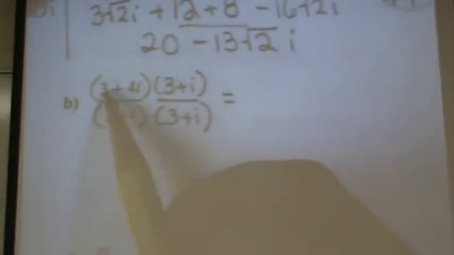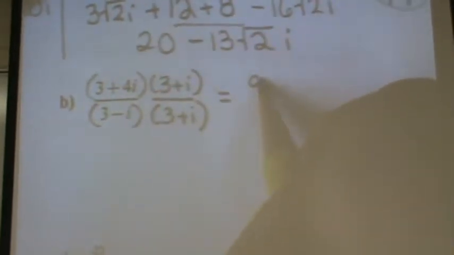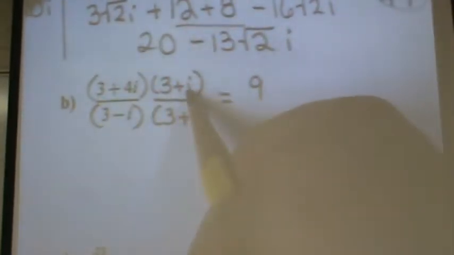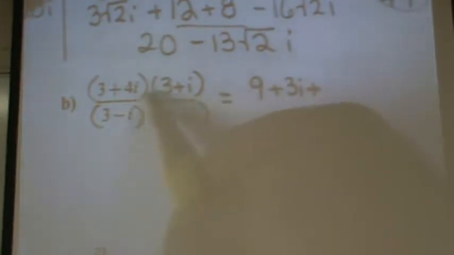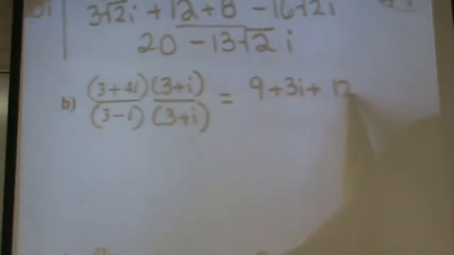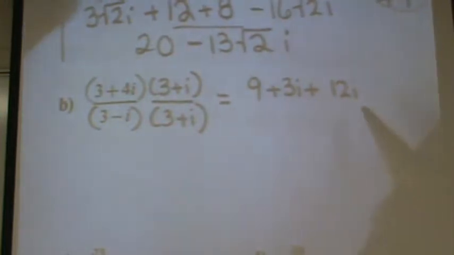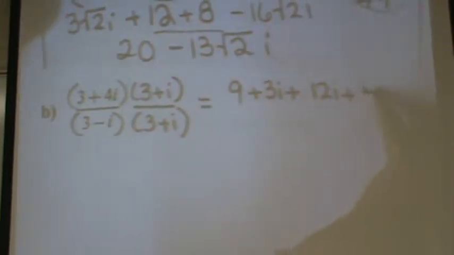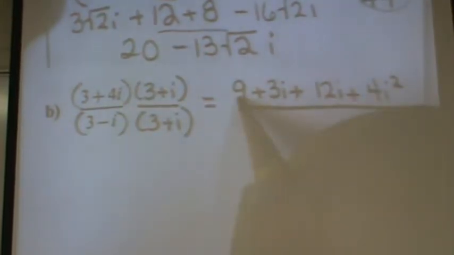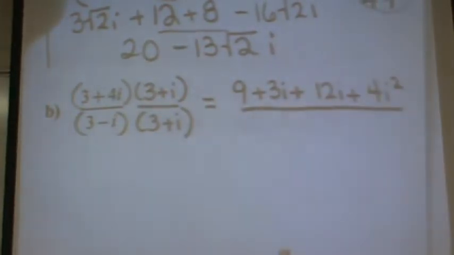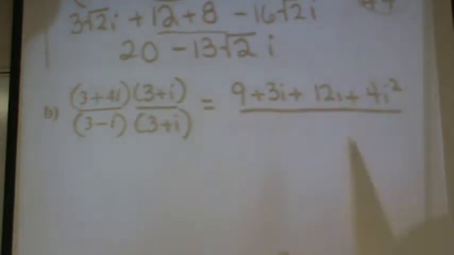What are you going to do now? 3 times 3 is 9. 3 times i is 3i. And some of you can do these next two steps together, which is fine. I'm just writing it out for those that don't understand. These are the first, outer, inner, last. Don't do anything with it yet.